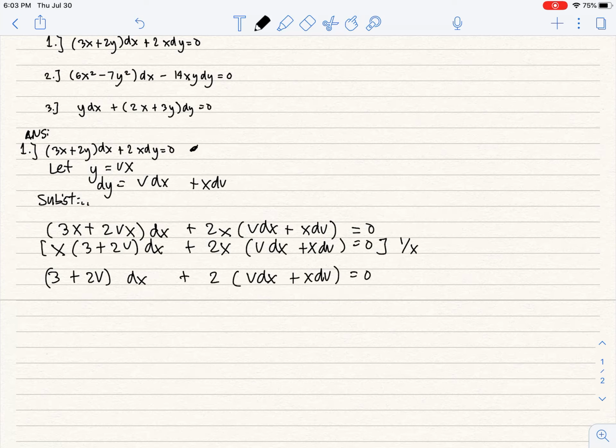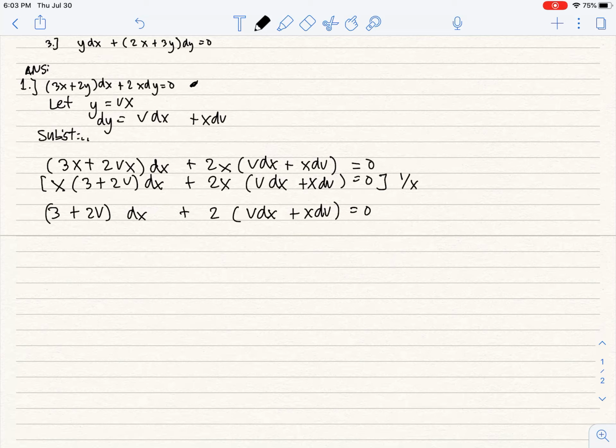So mas simple na ang imuhang or ang ato ang gina-solve. Okay? The next thing to do is distribute the differentials or kaning 2 dira. So this is just 3 dx plus 2v dx plus 2v dx plus 2x dv.